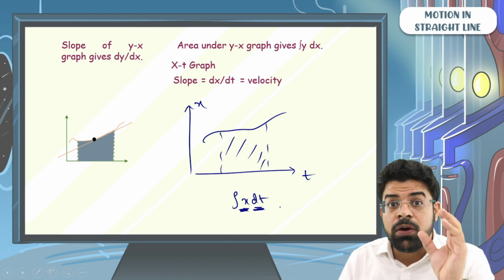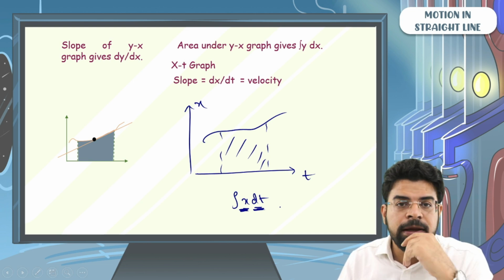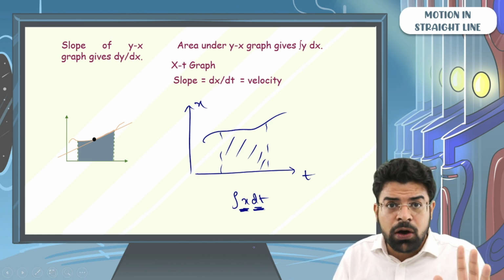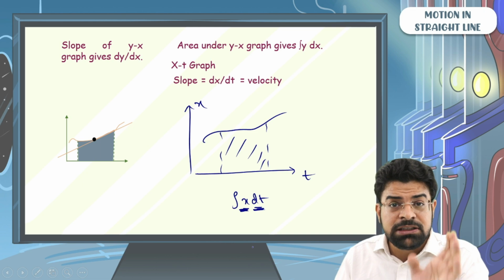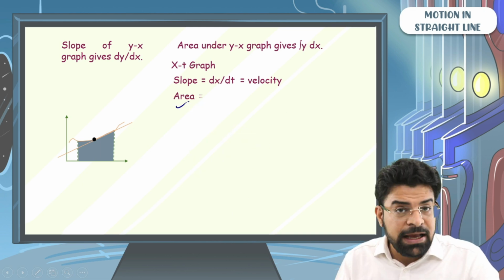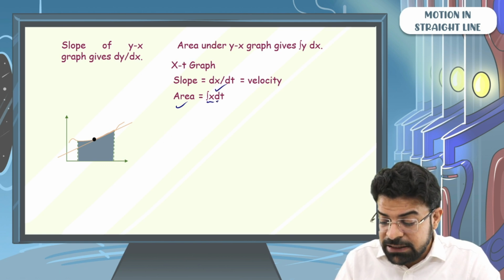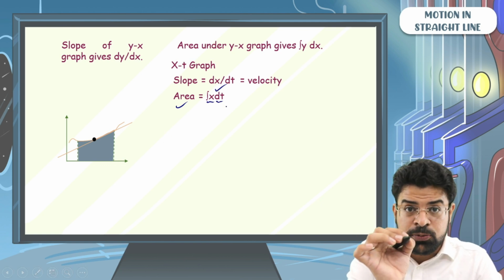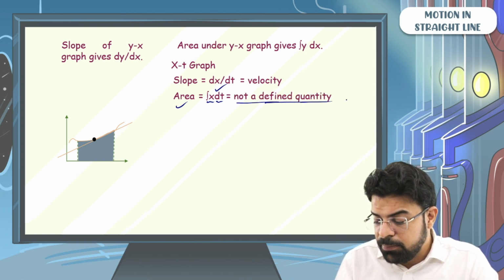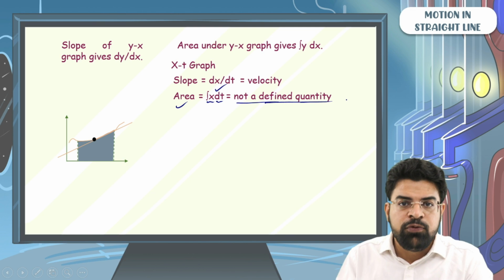There is no such physical quantity defined. So there is no quantity which has got physical significance as displacement into time. So we say that the area under the xt graph gives us integral x into dt, the instantaneous position into infinitely small frame of time, and there is not any predefined quantity.